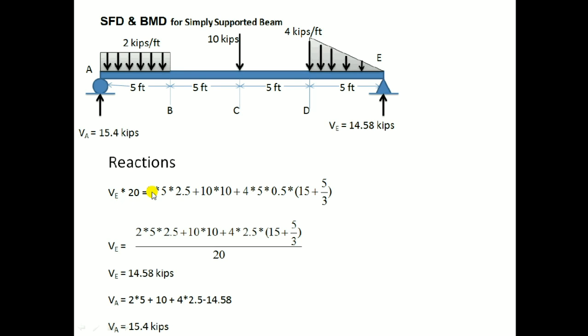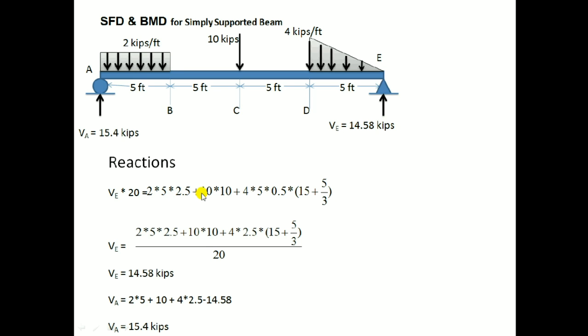Taking moment at point A, VE will create a counterclockwise moment. Taking counterclockwise moment, VE into moment arm 20. Moment arm about point A of VE is equal to this: 2 into 5 into 2.5 is the moment arm.